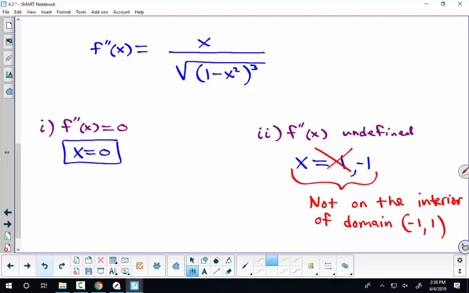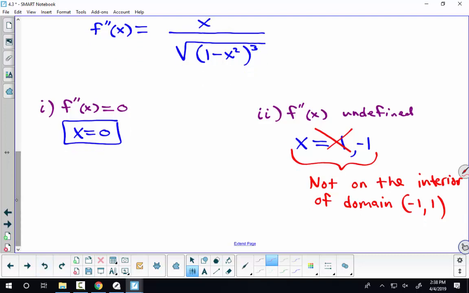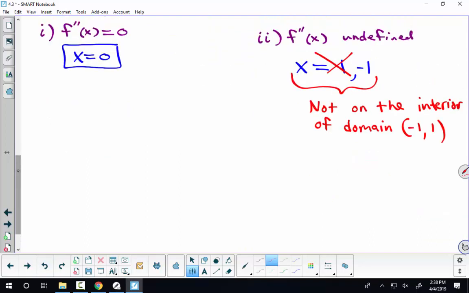So our second derivative has one value we're testing around. Same as the first derivative. We're going to draw the domain out for the second derivative from -1 to 1. And then we're going to test on either side of this value here. So maybe we choose 1/2 and -1/2.